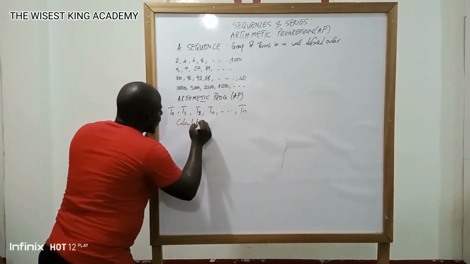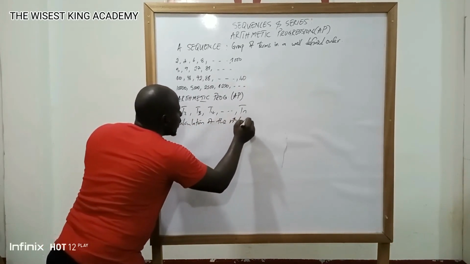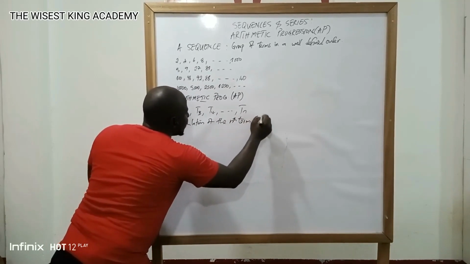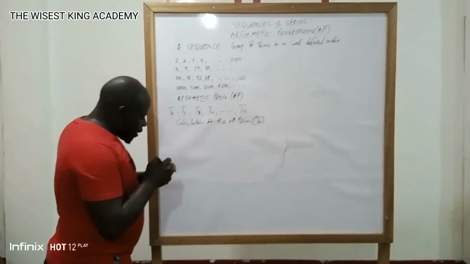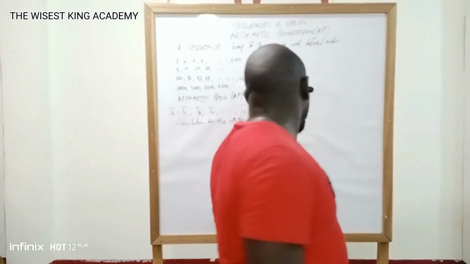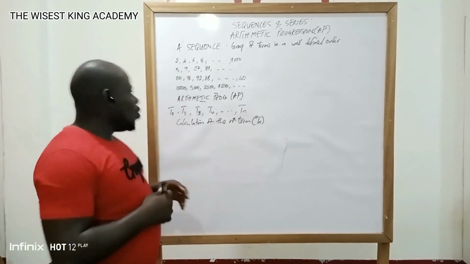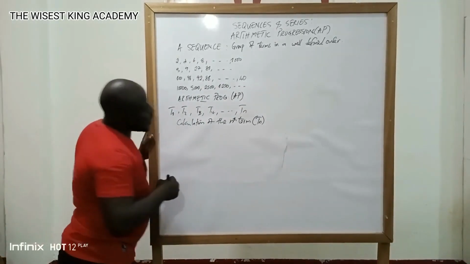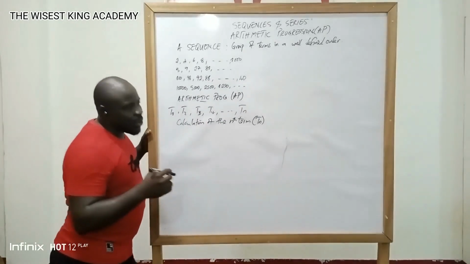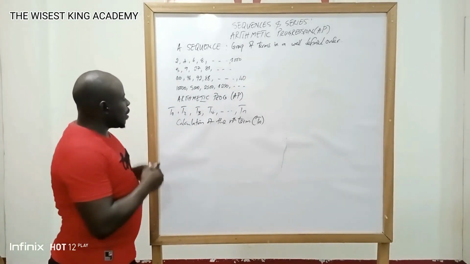Calculation of the nth term, which is actually Tn. Now, the first thing we are going to do is this. Before we get into the nth term, let's look at what arithmetic progression is all about. We say it's a sequence in which the next term is obtained by adding a constant number to the previous term. So we look at this.